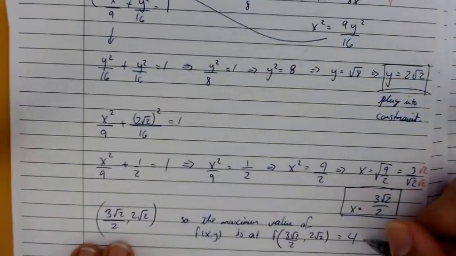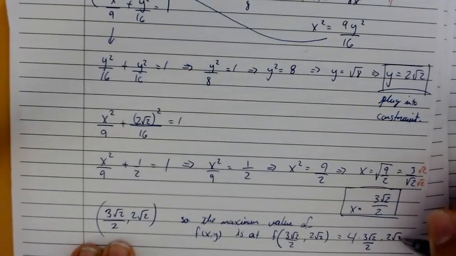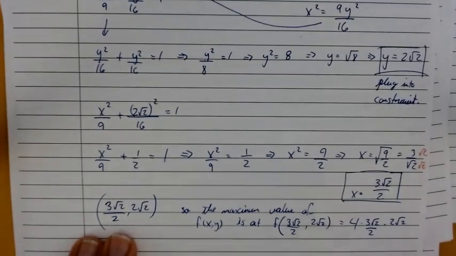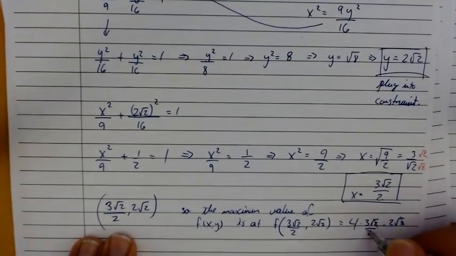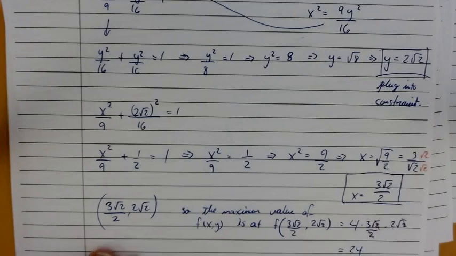So 4 times 3 root 2 over 2 times 2 root 2. Here, root 2 times root 2 is just the number 2, but then the number 2 would divide that number 2. So you're left with 4 times 3 is 12, times 2 is 24. So there's our answer. The maximum value of f of x comma y is 24.